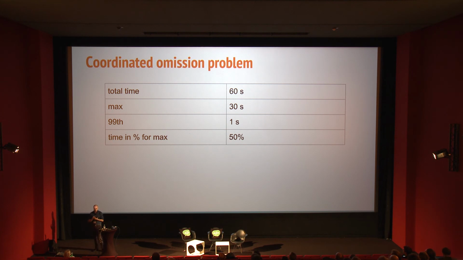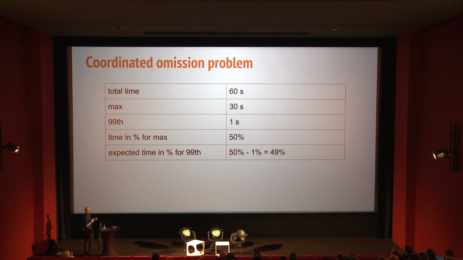First, we need to calculate the time in percentage for the maximum request, which is 50%, because 30 divided by 60 times 100% is obviously 50. And because max is basically percentile number 100, to calculate the expected value of the 99th percentile, we just need to subtract 1% from the max, which is 49%.